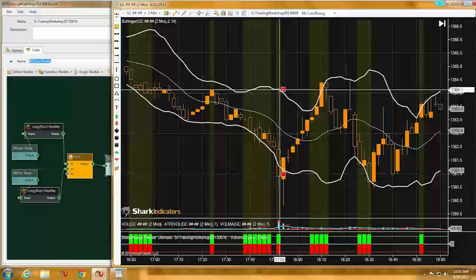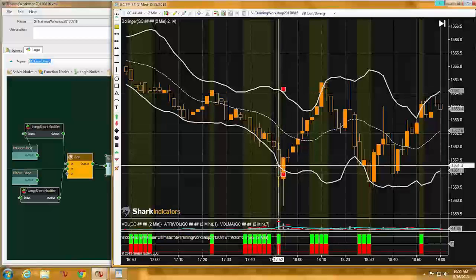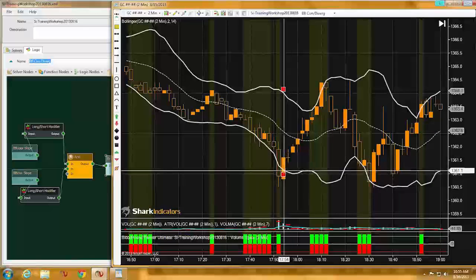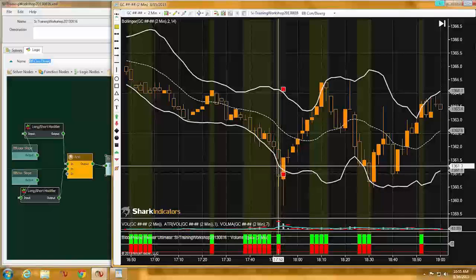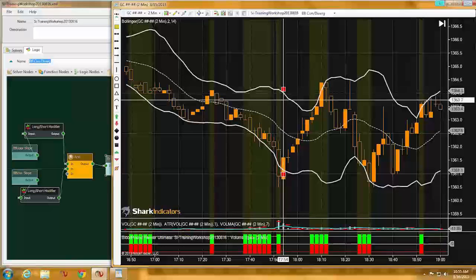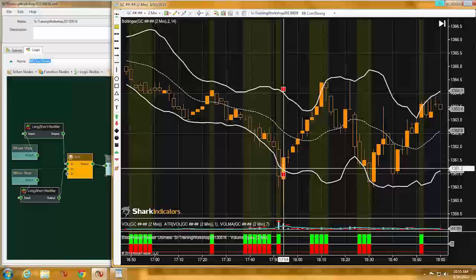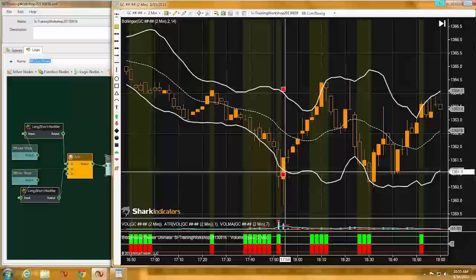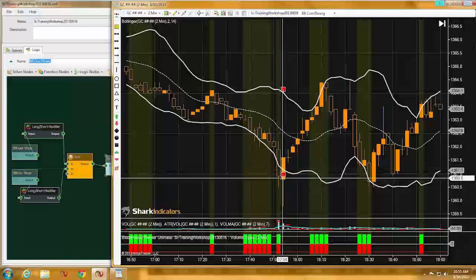So if we look at the slope down of the upper band versus the slope down of the lower band, to me it looks like the lower band is sloping down a little stronger than the upper band. So this would technically be a divergence if that was the case.